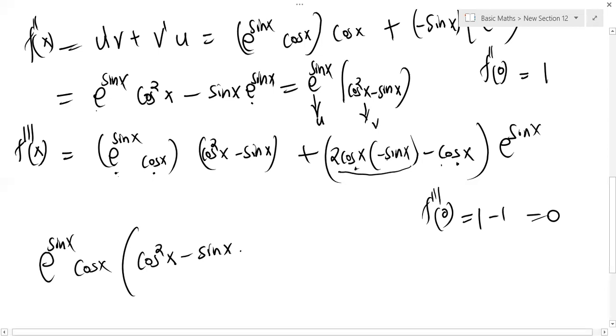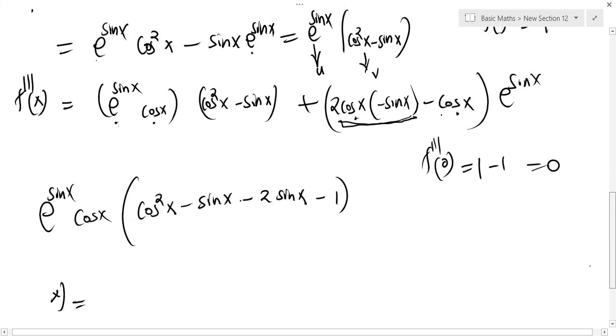So I remain here with minus 2 sin x, and then minus 1. Okay, this is 1. If you remove cos x from here, you'll remain with minus 2 sin x, and here you'll remain with minus 1. So that's what I have, which I can further simplify.